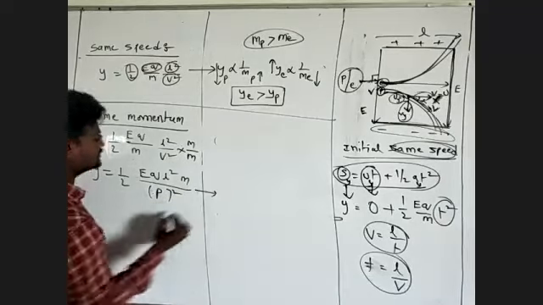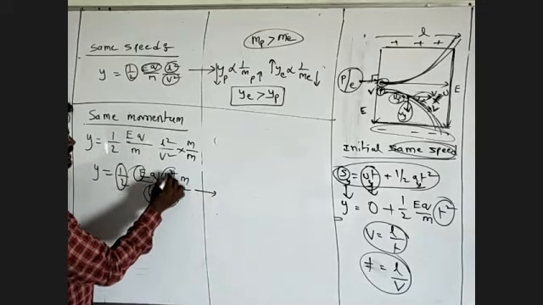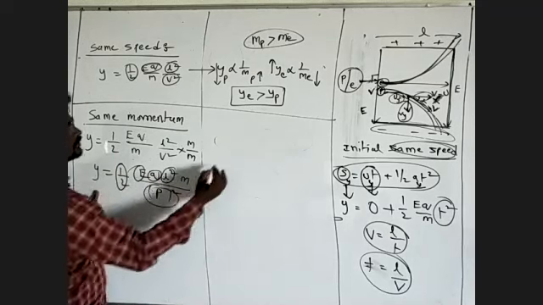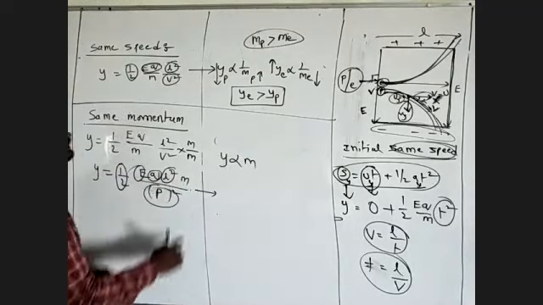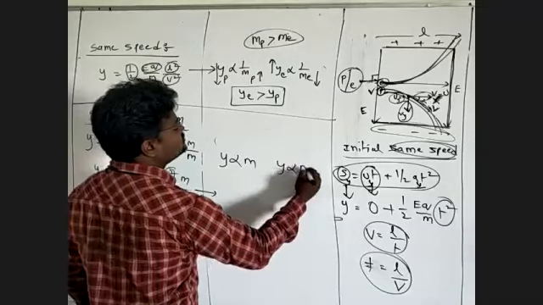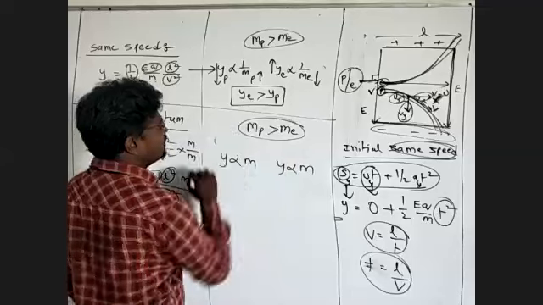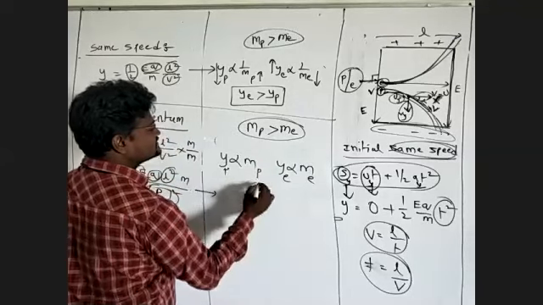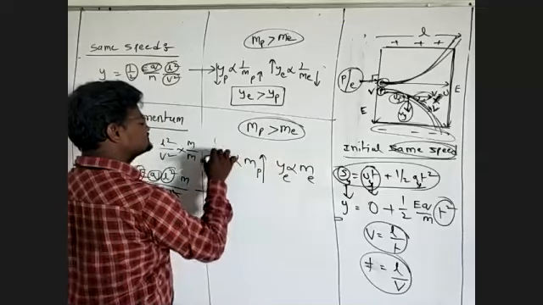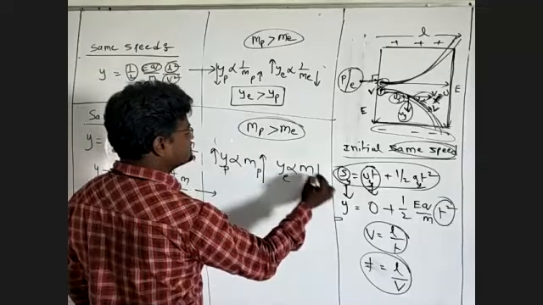Now in this equation, everything else is constant, but y is directly proportional to 1 by m. So y directly proportional to 1 by m means we know the condition. Now this is the mass of proton and electron. Less mass means displacement is more, more mass means displacement is less.